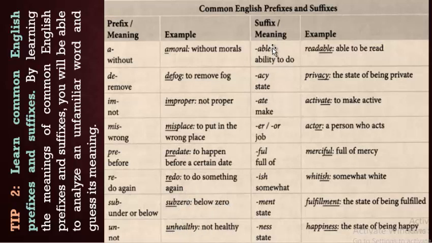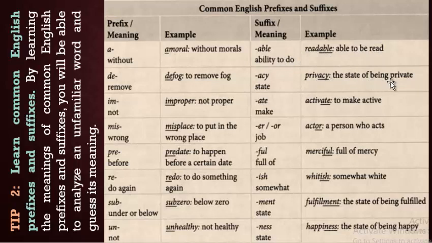Be aware of suffixes. Able means ability to do. Ate, state. Ate, make. Er or or refers to a job. Ful means full of. Ish, somewhat. Ment, state. Ness, state. For example, read, readable, able to read.